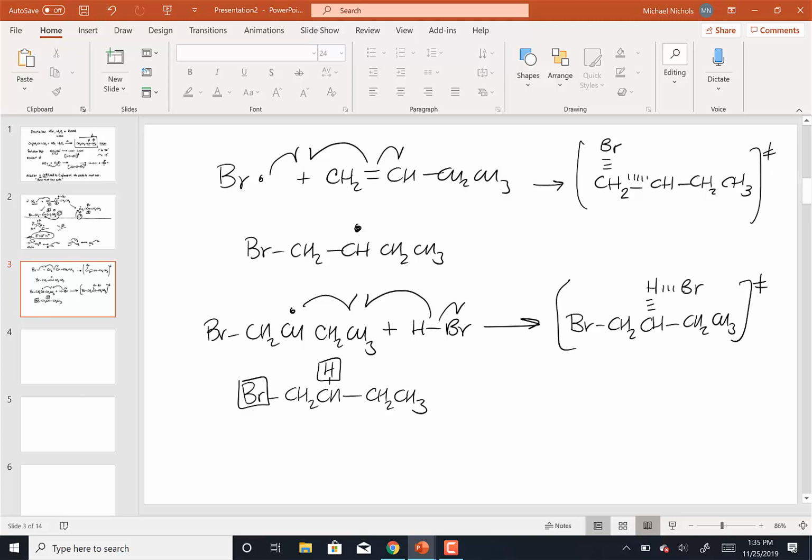So the reason it's anti-Markovnikov is because of the peroxide being there. The peroxide changes what I'm adding to the double bond from a carbocation, or an electrophile with a plus charge, to a radical. And that changes the way the radical adds to the carbon to make the most stable radical.